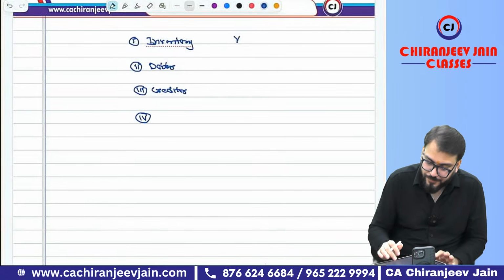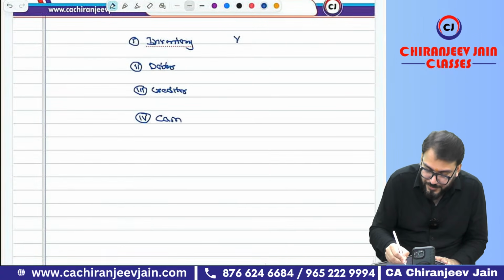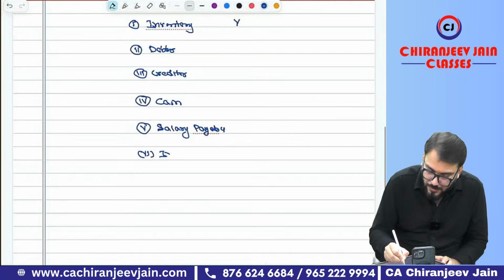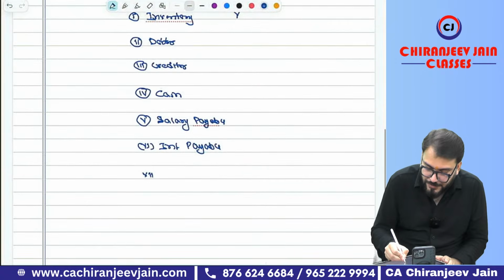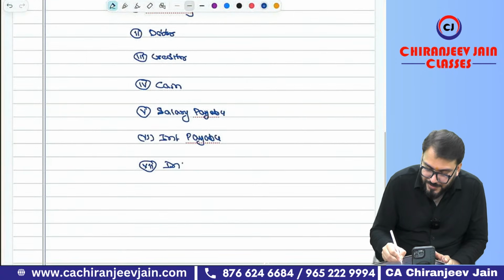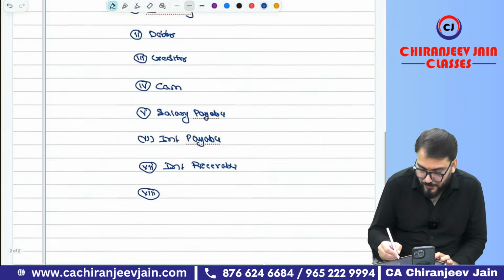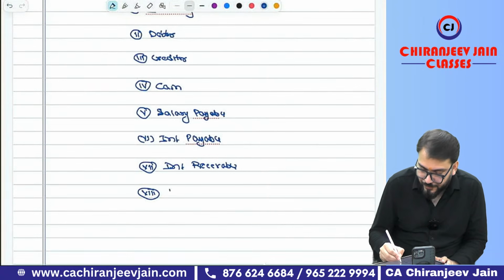Point number four, cash. Point number five, salary payable. Point number six, interest payable. Point number seven, interest receivable.